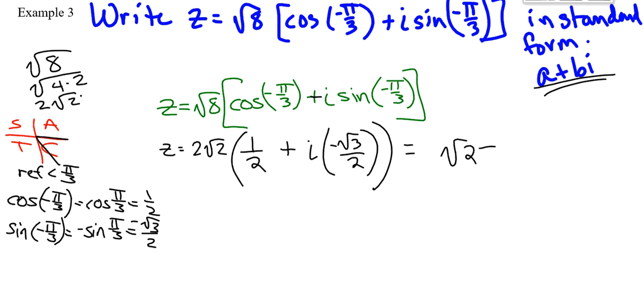Square root of 6. So the 2's are going to cancel in that part, and square root of 2 times square root of 3 is just square root of 6. So the answer is square root of 2 minus square root of 6 i.